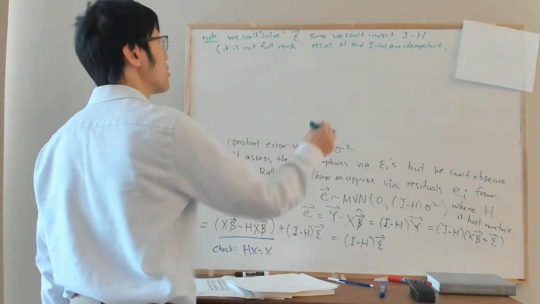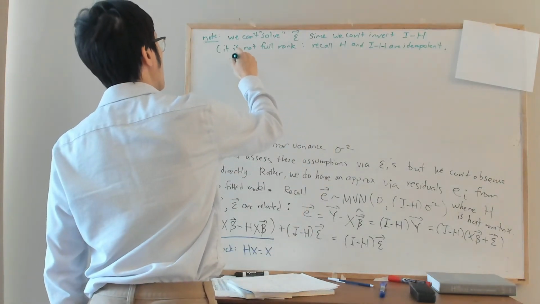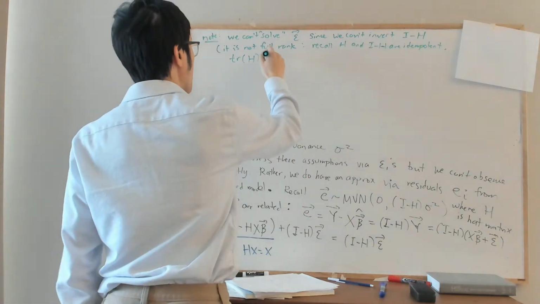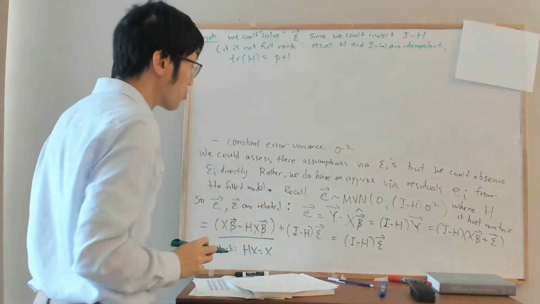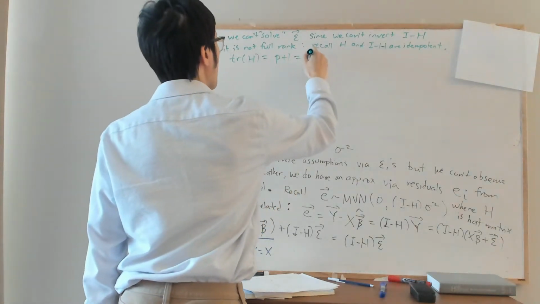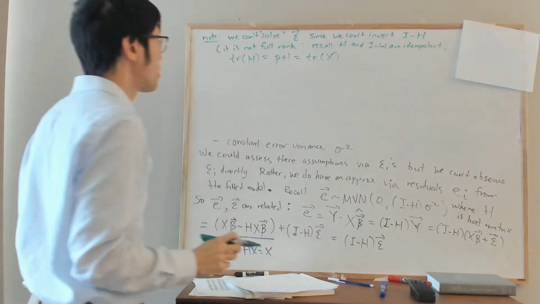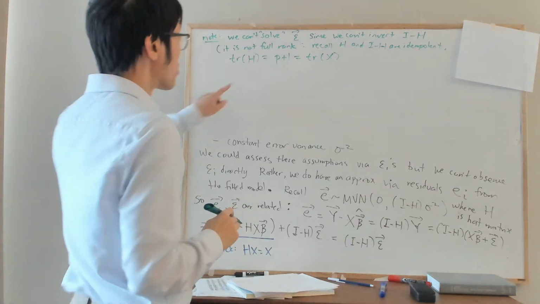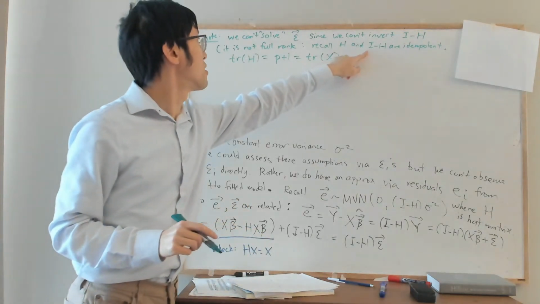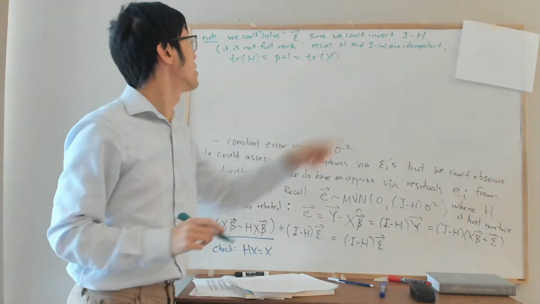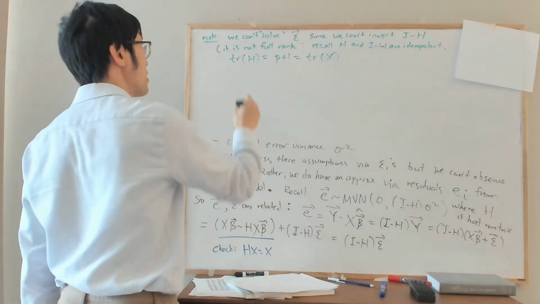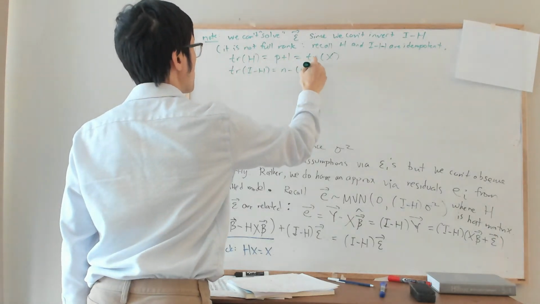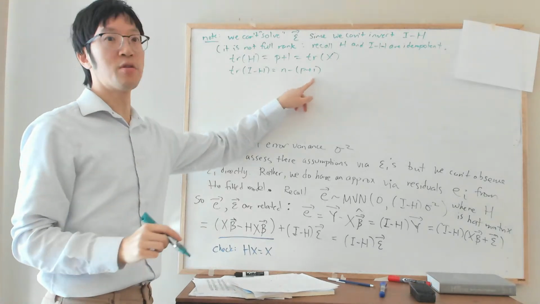We know the trace of the hat matrix is p plus 1, which is also the rank of the matrix X. The trace of the identity is n, so the trace of I minus h would be n minus (p plus 1), which is not full rank.